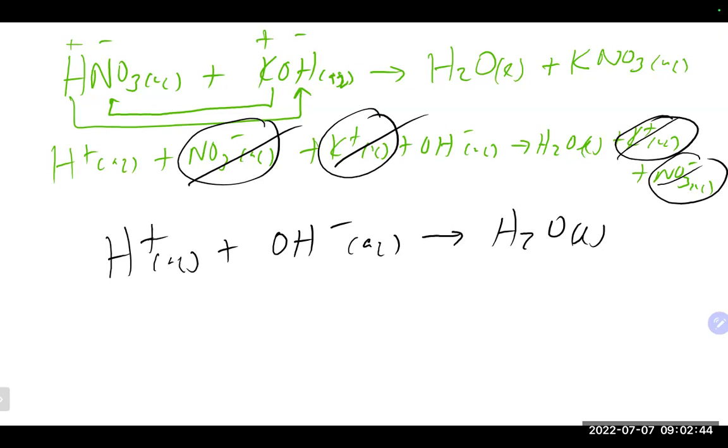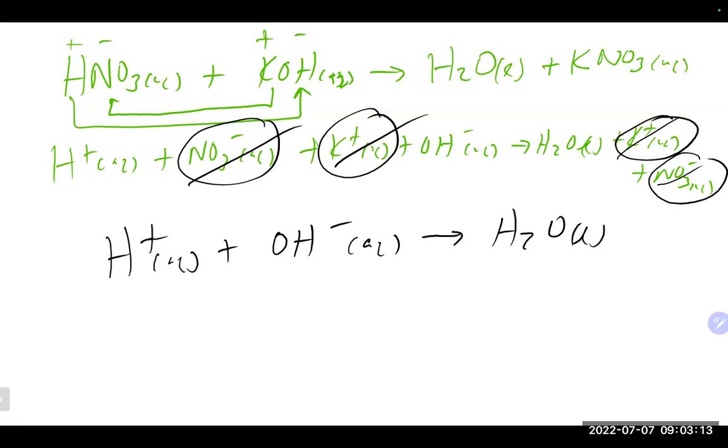Under double displacement reactions, we have our precipitation reactions, which are the ones that form a solid. And underneath that big umbrella of double displacement reaction, we have our acid-base neutralization reaction, which forms water. Really, our double displacement reactions are basically responsible for two of those three things, either making a solid or forming water. Any questions on that there?